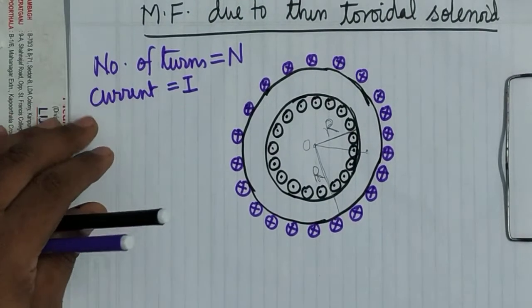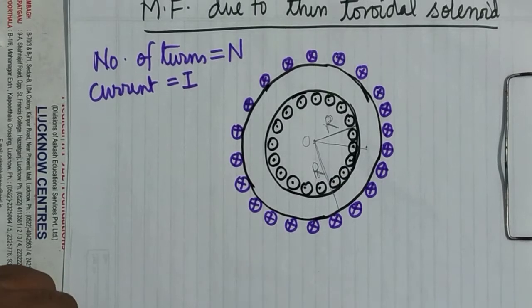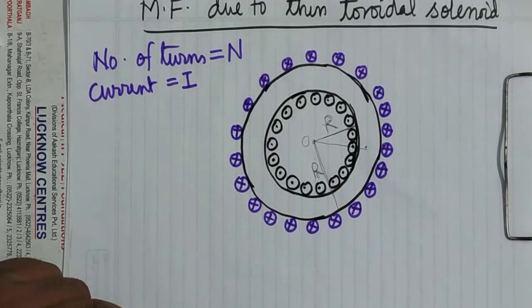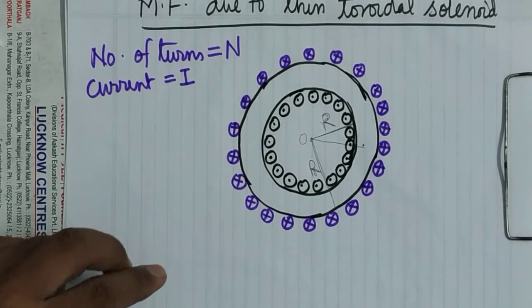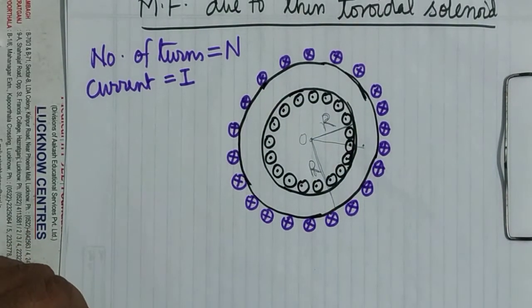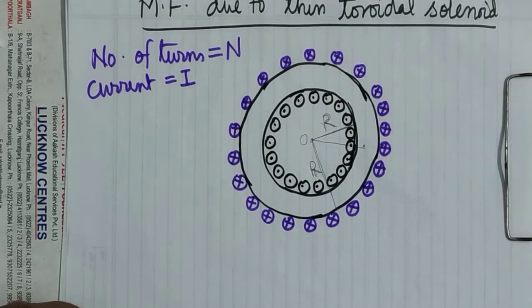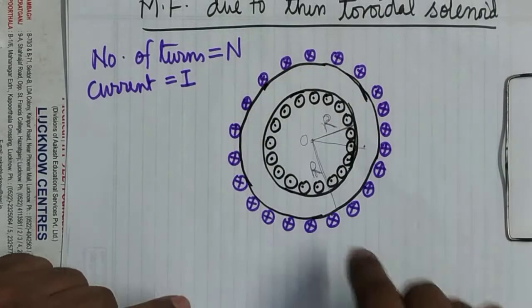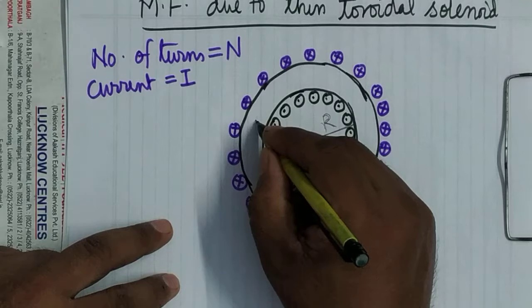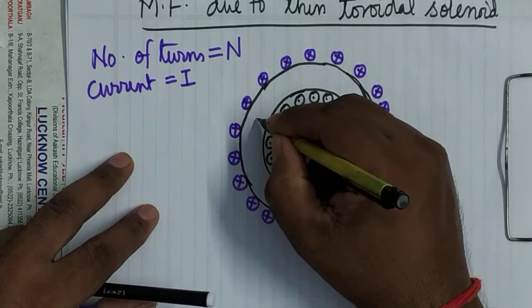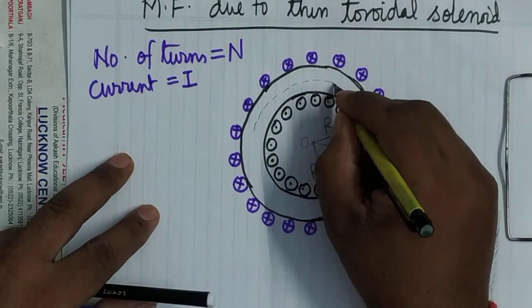It is clear. Now see here, we have to determine the magnetic field at any point inside the core of the solenoid. So how will you find the magnetic field at any point inside the core of the toroidal solenoid? You can see here the magnetic lines of force will be in the form of concentric circles, which I am showing you here.